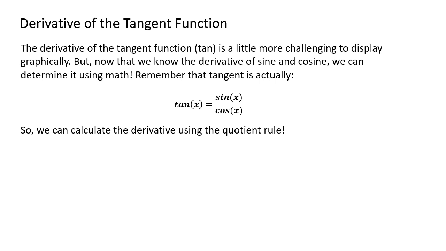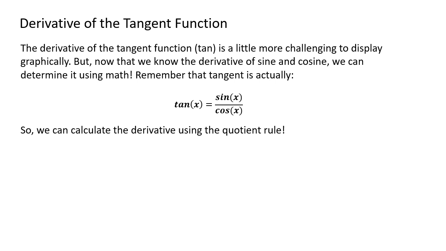So knowing the derivative of sine and cosine opens up windows for other trigonometric functions to figure out the derivatives. Okay? The first one is the tangent function. So if you remember back for tangent, it's actually equal to the sine of a function divided by the cosine.